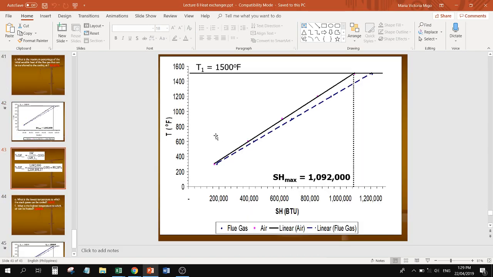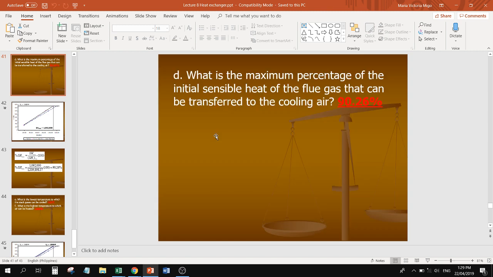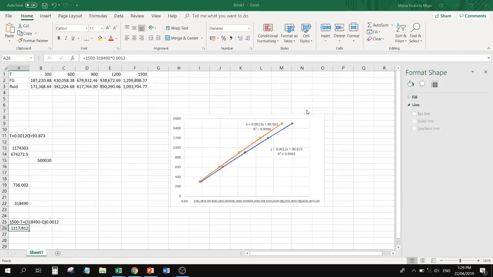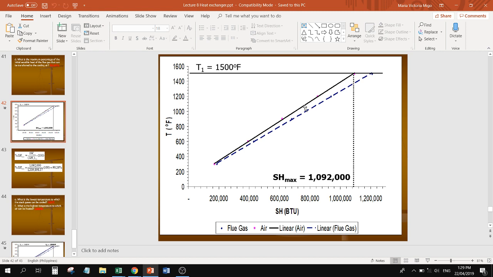Okay. So the next problem, what's the next question? What is the maximum percentage of the initial sensible heat of the flue gas that can be transferred to the cooling air? Okay. So we can read that by making a vertical line from the intersection of the cooling fluid line or cooling air with the horizontal line at 1000 degrees Fahrenheit.